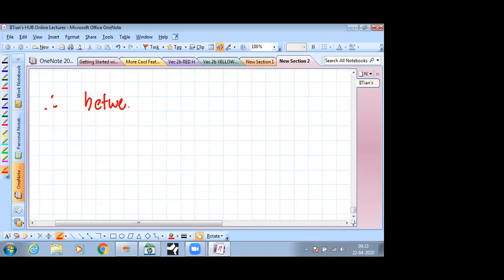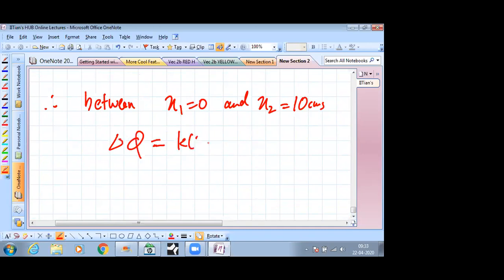Okay, so coming back here, so therefore between the points x1 equal to 0 and x2 equal to 10 centimeters, the phase difference delta phi, which should be k times x2 minus x1, is nothing but pi by 4. मुझे कैसे पता pi by 4?